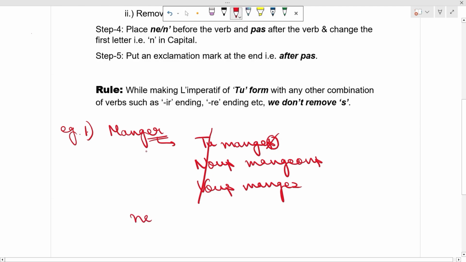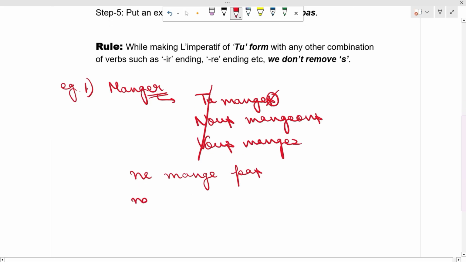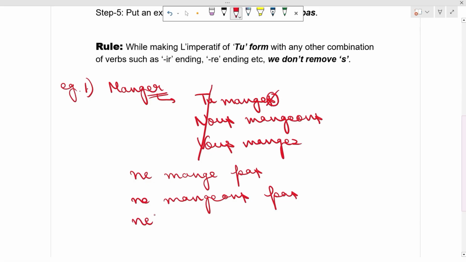Since it is starting with a consonant, we will use ne mange pas for tu form, ne mangeons pas for nous form, and ne mangez pas for vous form.